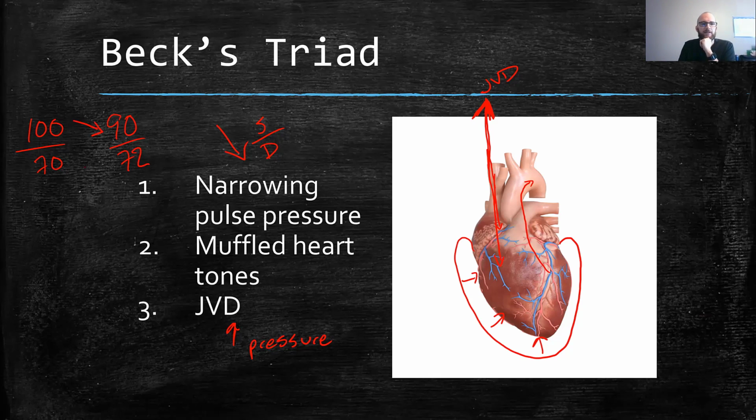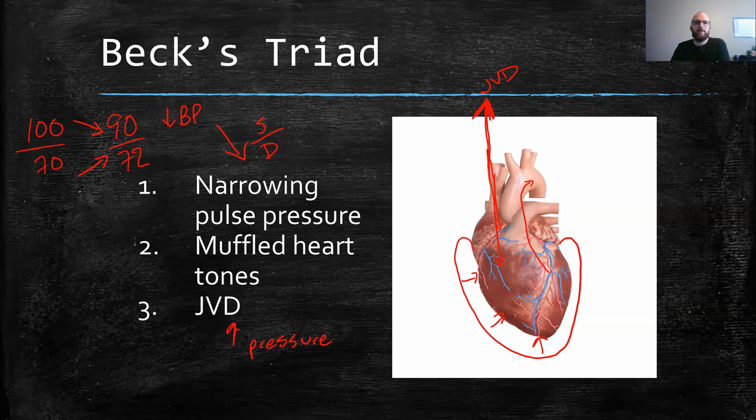We look at those numbers getting closer together on subsequent sets of vitals, and that's a narrowing pulse pressure. And again, the expectation is that the systolic blood pressure is going to be dropping towards hypotensive, if they're not hypotensive already.